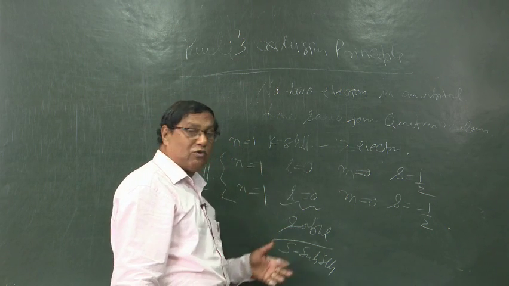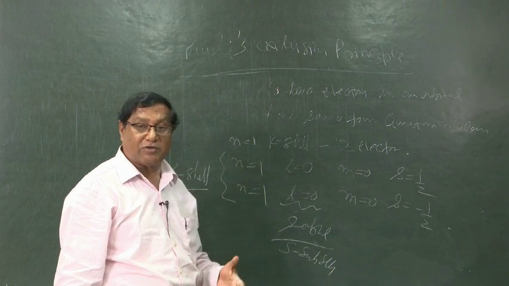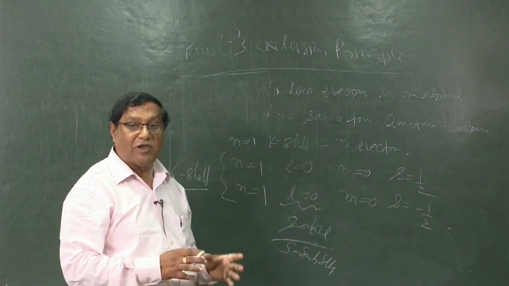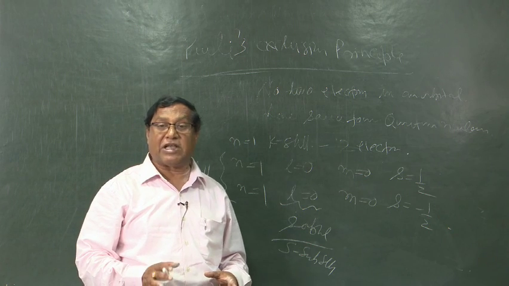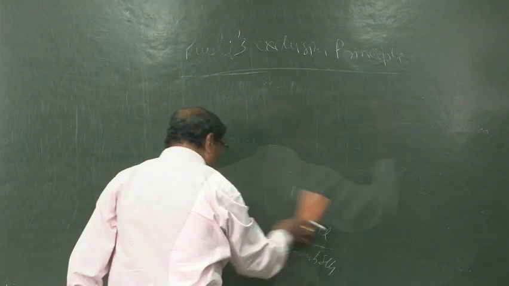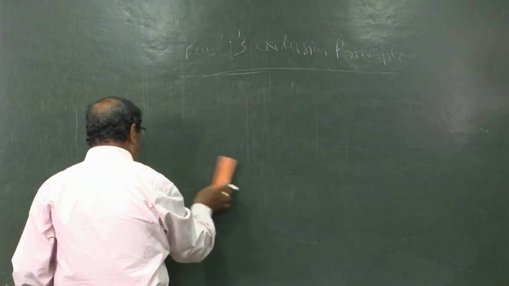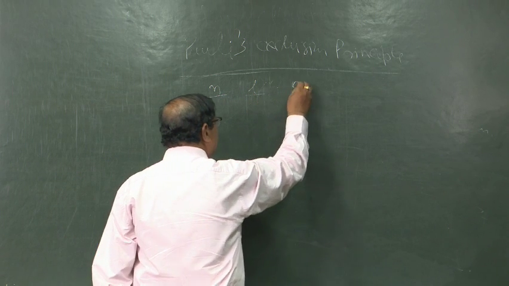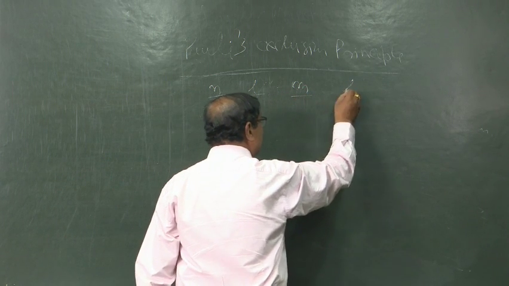Let us see how to calculate the maximum number of electrons in a shell. The Pauli exclusion principle will help us find how many electrons maximum can be accommodated in a shell. Let us see how we can calculate the n value, L value, m value and s value.